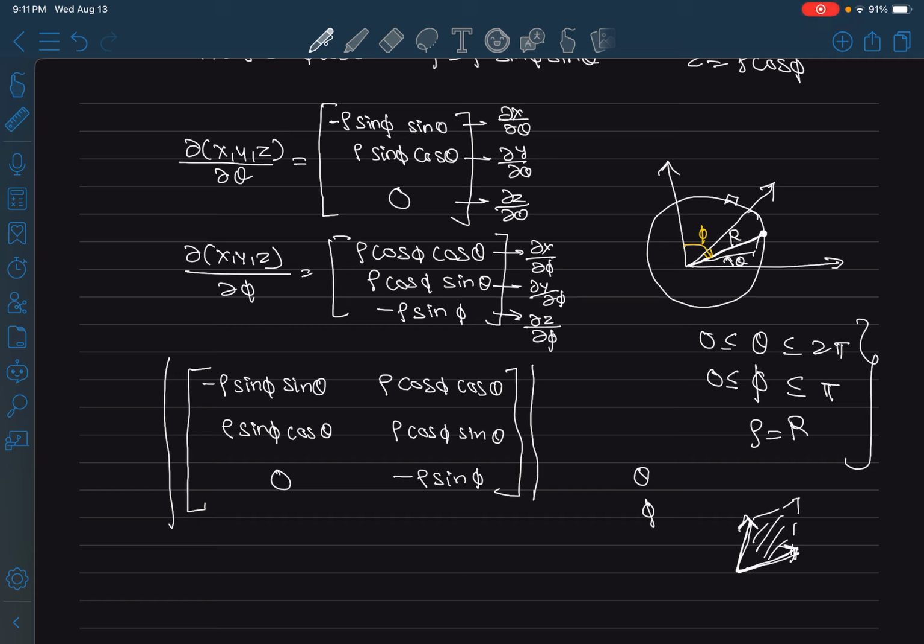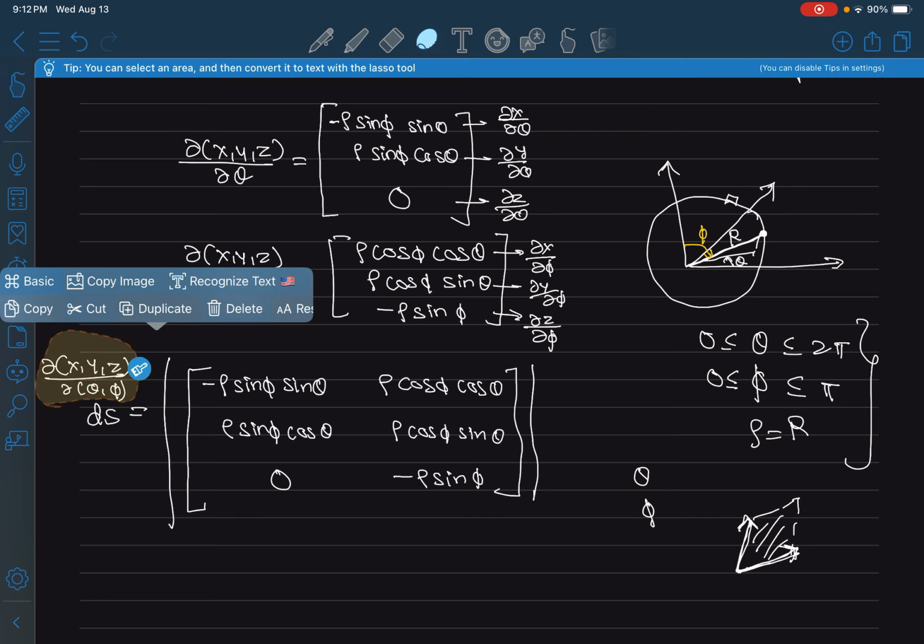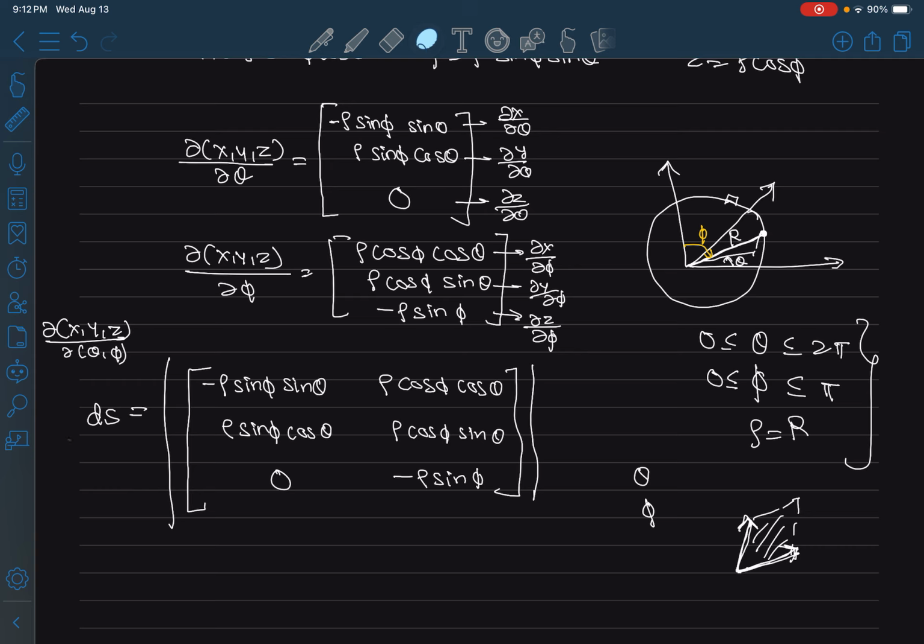So this is the change caused in x, y, z due to theta and phi. But this is also the surface area element. To get the surface area, because this is a rate right now, we also need to multiply by the change in theta and phi, d theta and d phi. So yeah, we easily get the surface area element, right?